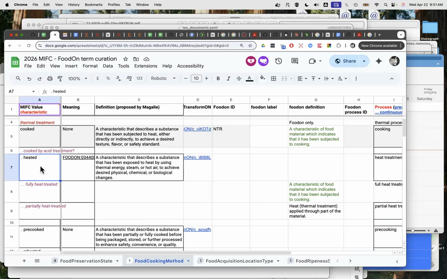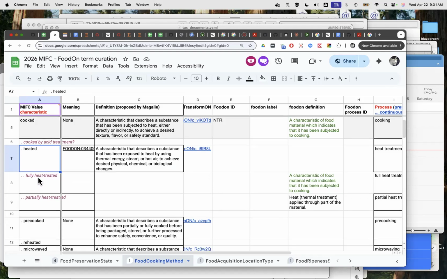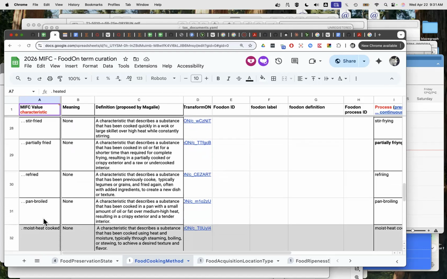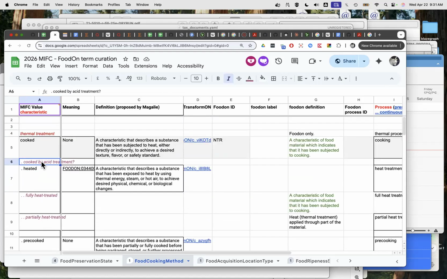Well, technically, we're going to say if heat has been applied, that it is a subclass of heated. Everything below here is heated. Yes, but not cooked by acid treatment. So anything heated is cooked to some degree.